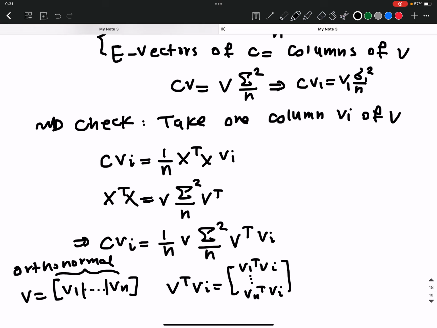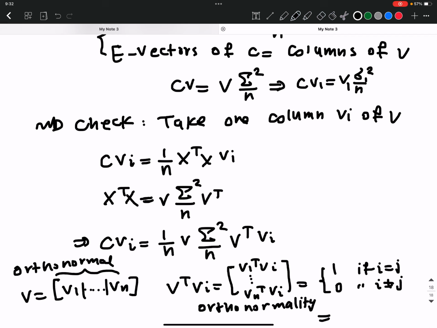And what is V^T times v_i? Because of the orthonormality property, it would be 1 if i equals j, and 0 if i does not equal j. So what does this mean?